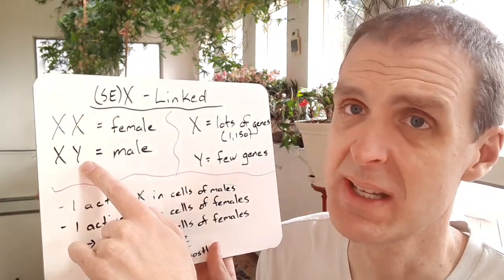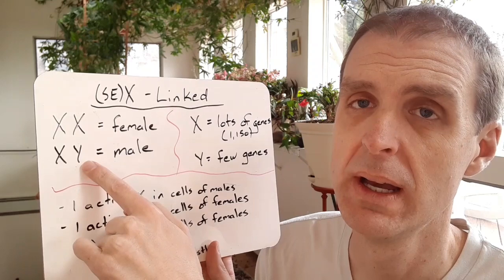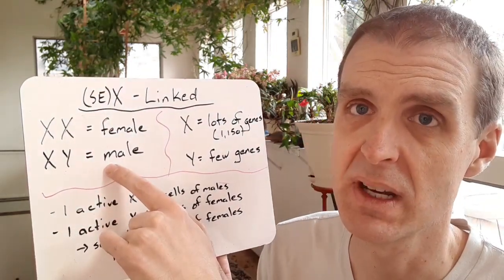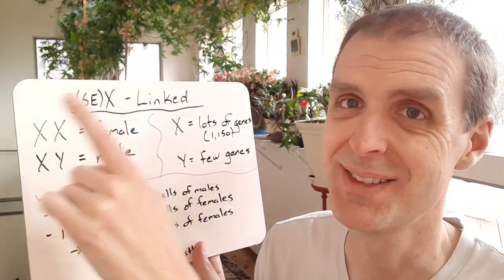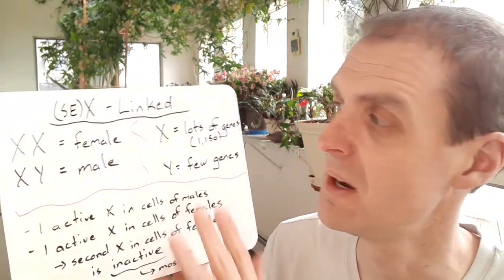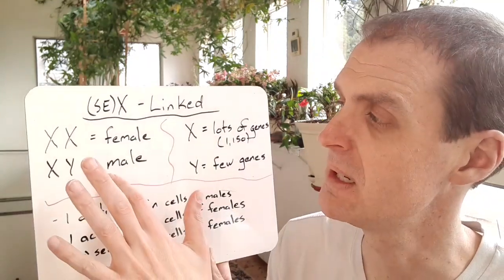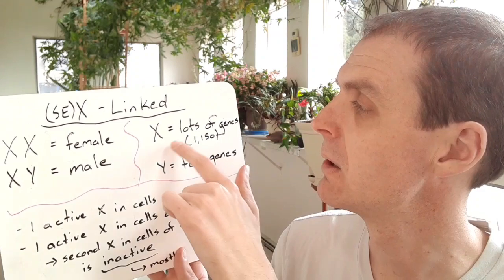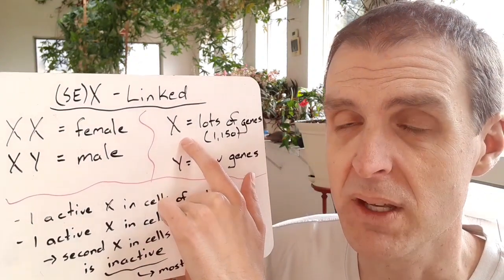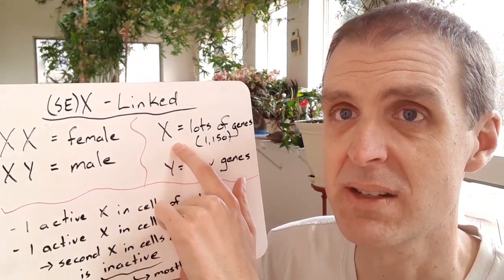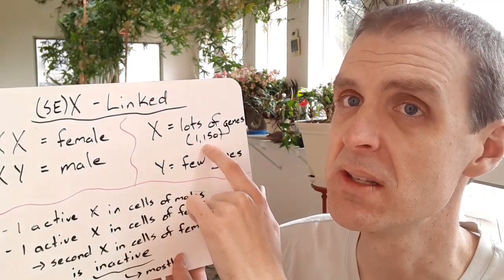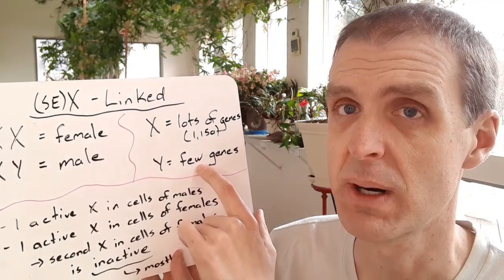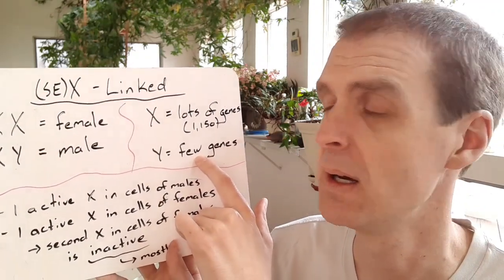I'm being specific to say humans here because in other animals or organisms you can have slightly different sex-determining chromosome things going on, and I don't want to get into that in this video, but this holds true for humans. Also about humans, the X chromosome has lots of genes, like over 1,000 genes, whereas the Y chromosome has very few genes, probably less than 100 if I remember right.